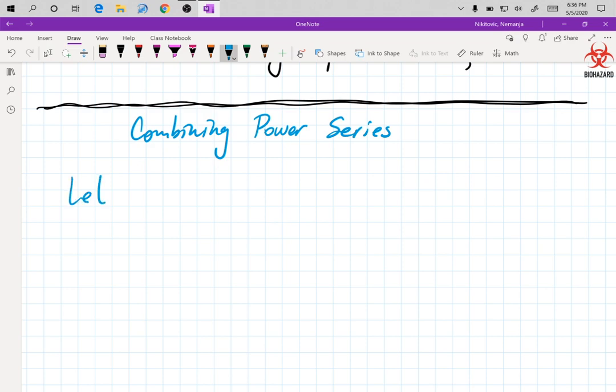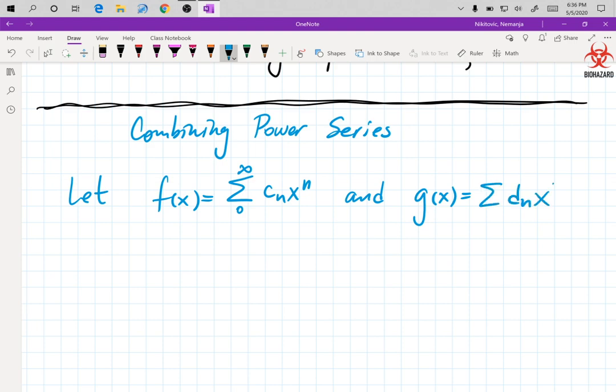So let f of x be the power series sum of c_n x to the n from 0 to infinity, and g of x, let them converge to those functions, to have d_n x to the n, right, from 0 to infinity. Now if you want to have a minus, you can.